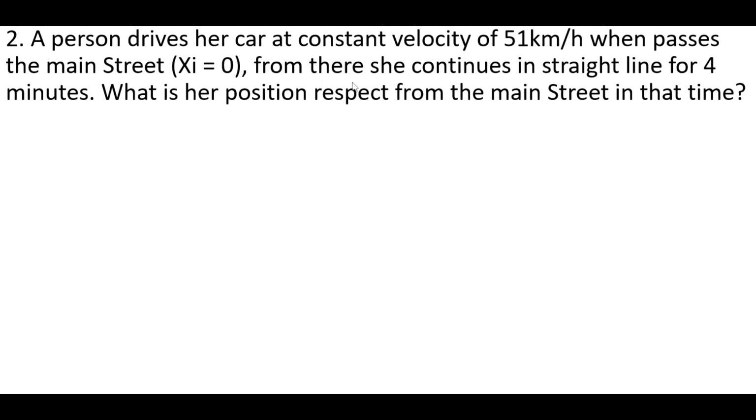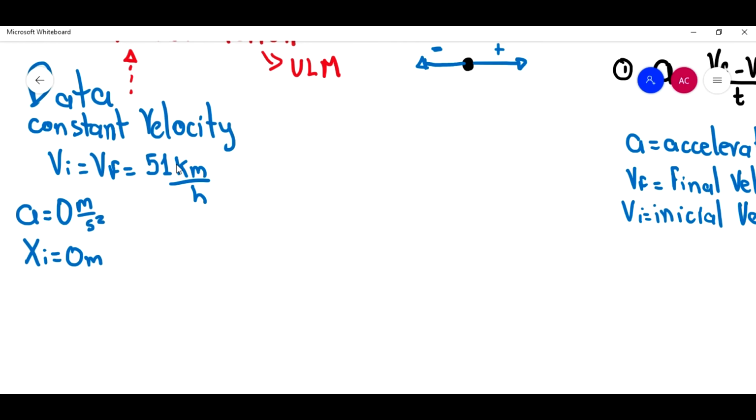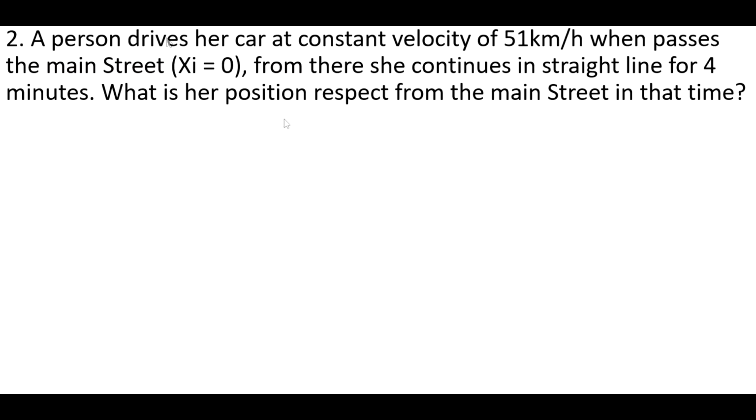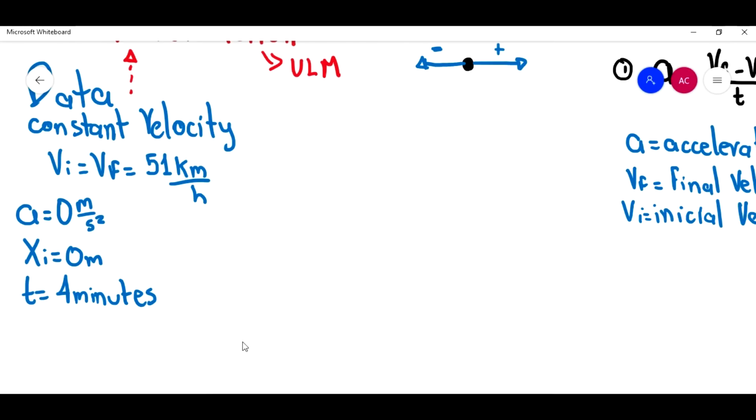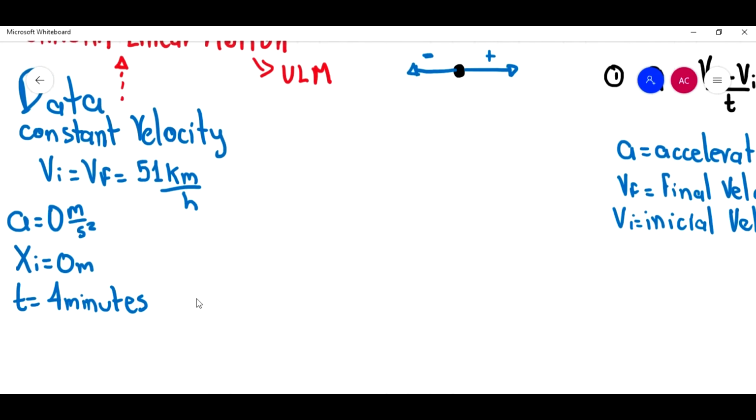Okay, and then it says that from there she continues in a straight line for 4 minutes. So that's the value of time. Time equals 4 minutes. And what is her position with respect to the main street in that time? So that means after 4 minutes, what would be her position? So for example, if I want to make the drawing, I'm sorry for my bad drawings.